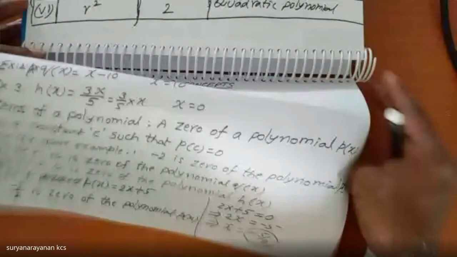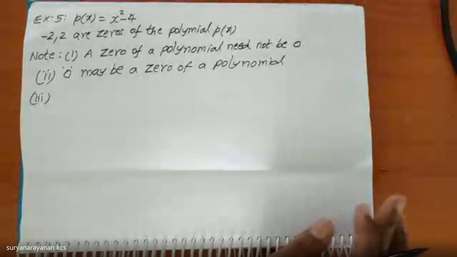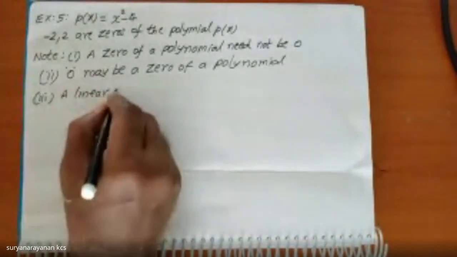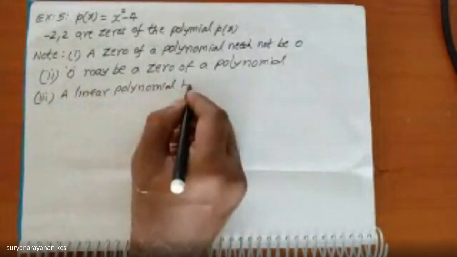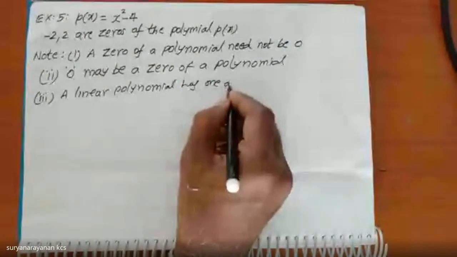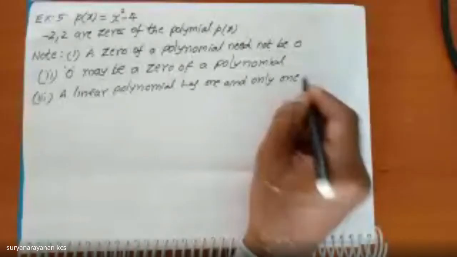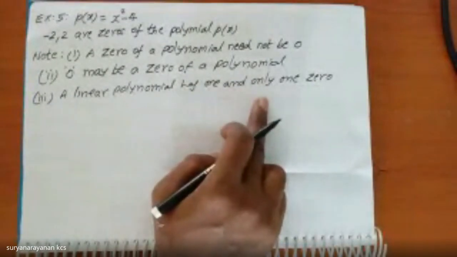So, if you observe these examples, you can say that a linear polynomial has one and only one zero.